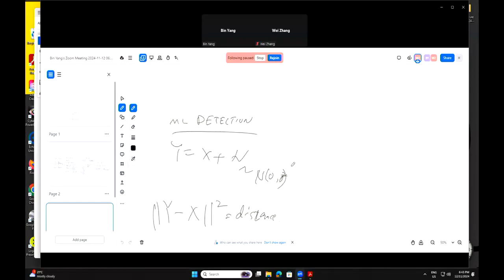In TELE9754 we have one class talking about this derivation. For simplicity, without noise, y equals x, then y minus x equals 0. That is best. That means we want to find the minimum distance, or nearest neighbor. So sometimes ML detection is also called nearest neighbor detection. That means we want to find out which one is the nearest.